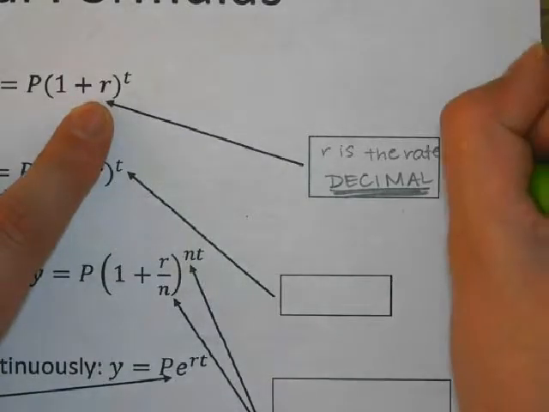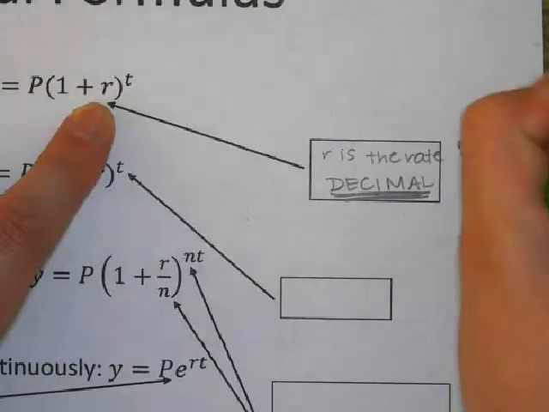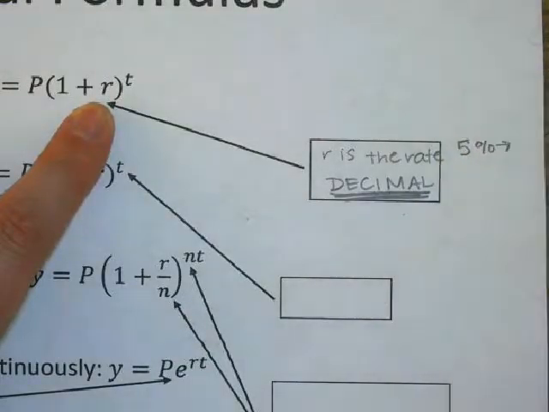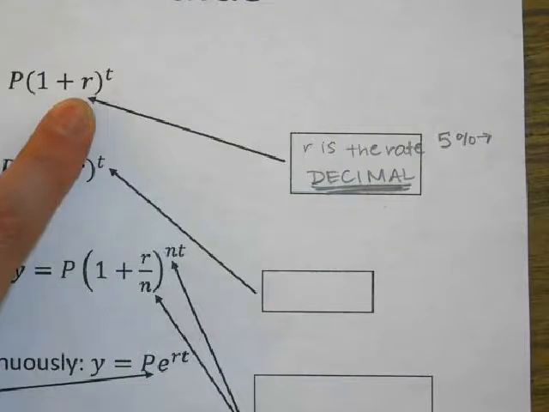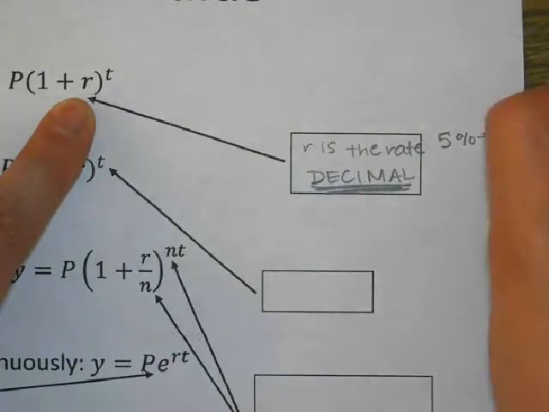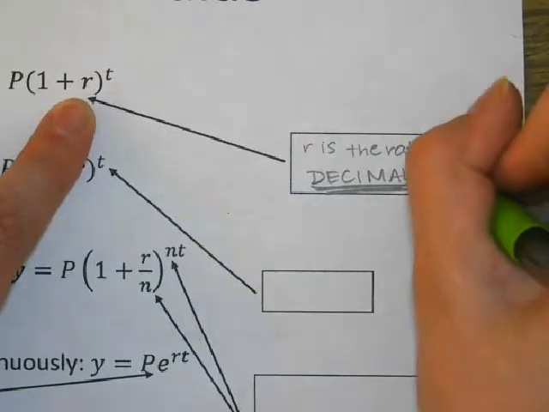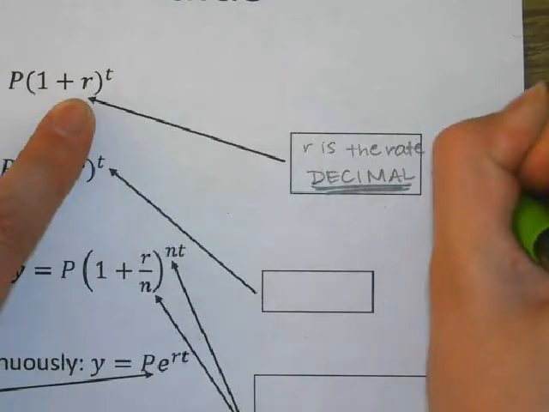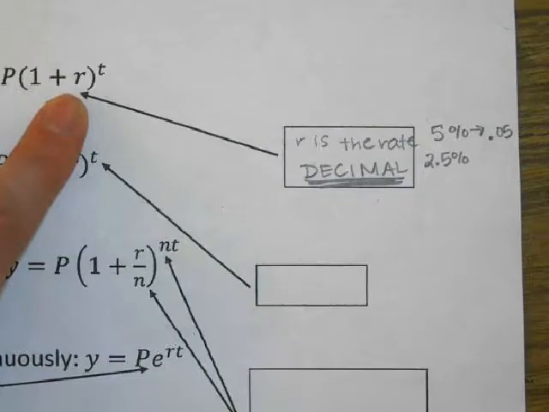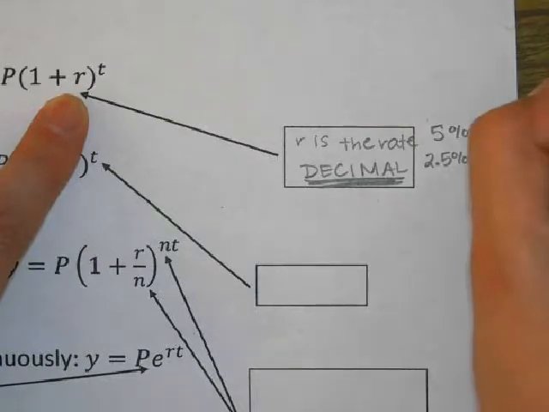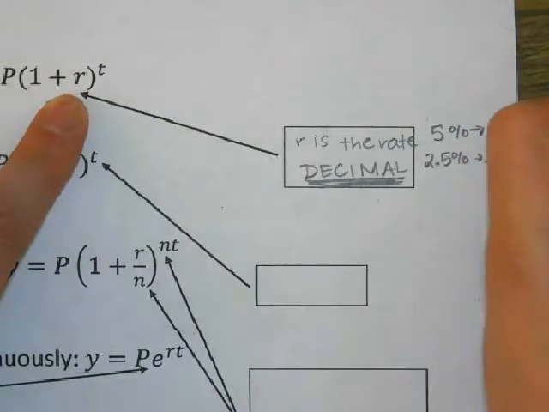So if you have 5%, how do you write 5% as a decimal? 0.05. Good. If you have 2.5%, I know it's a decimal already, but if we write the percentage as a decimal, what would it be? 0.025.